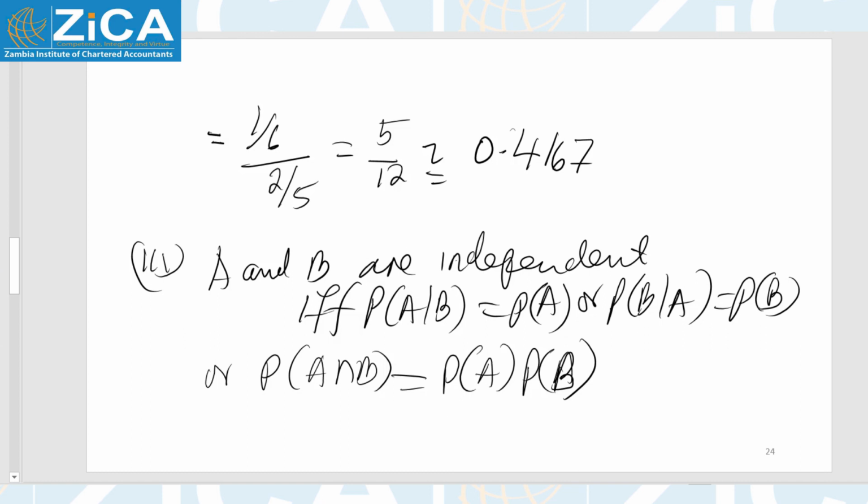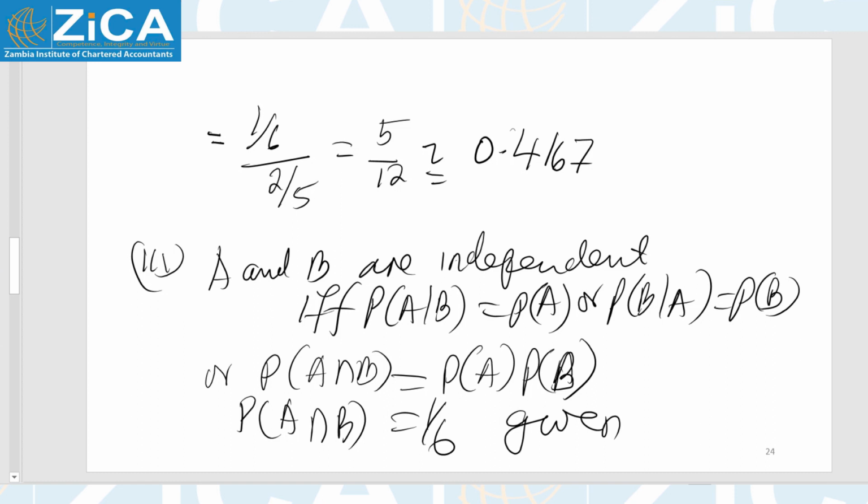So we know the intersection. We are given the intersection: probability of A intersect B equals 1 over 6, given. Now, probability of A times probability of B. Again, these are given.